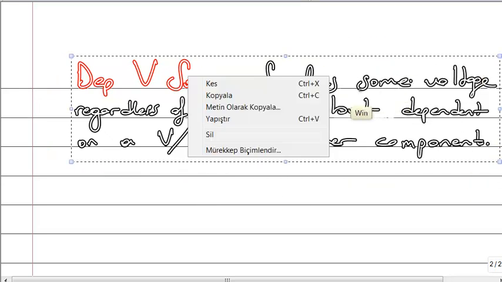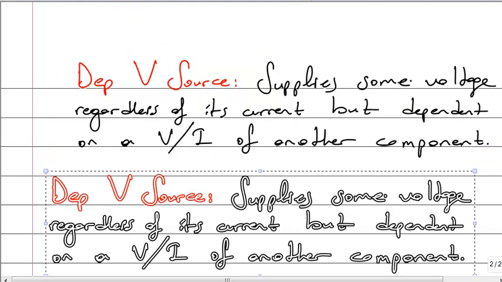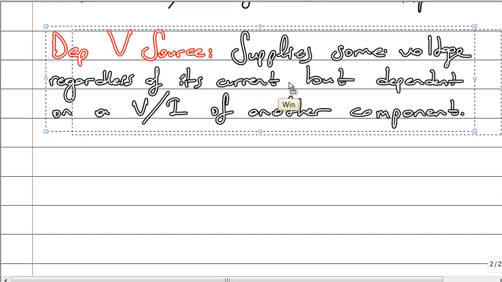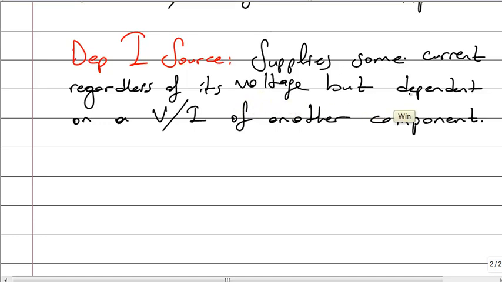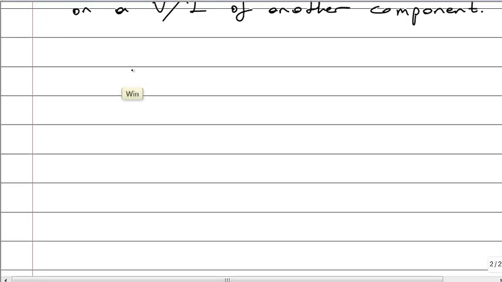And similarly, the dependent current source supplies some current regardless of its voltage, but dependent on a voltage or current of another component. So consider this circuit.